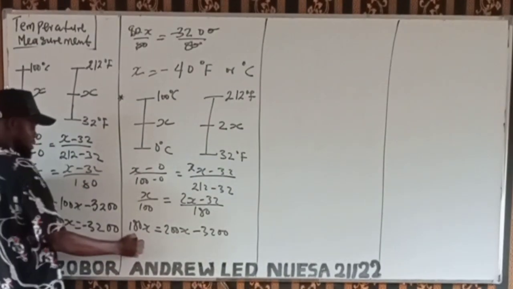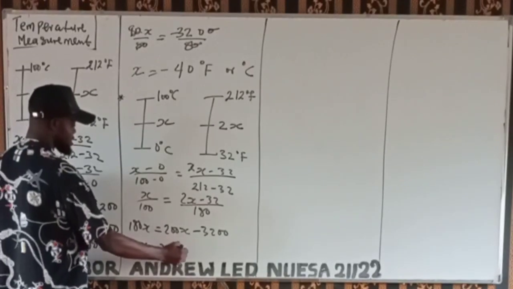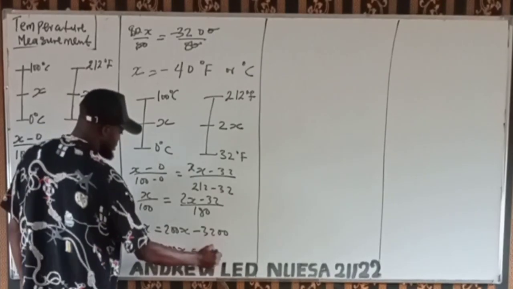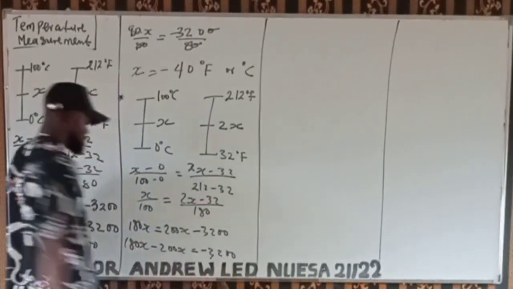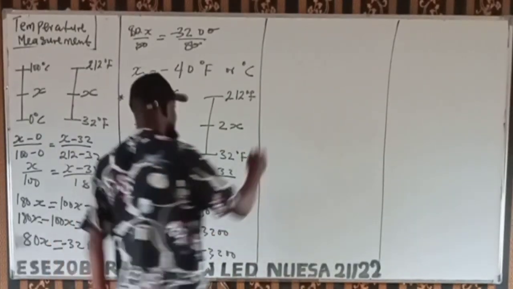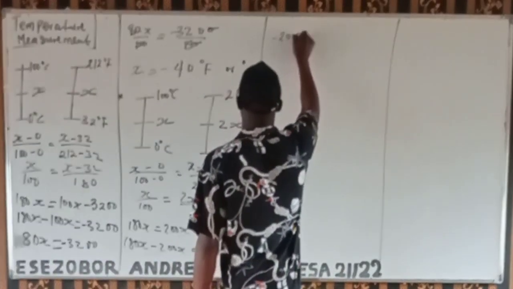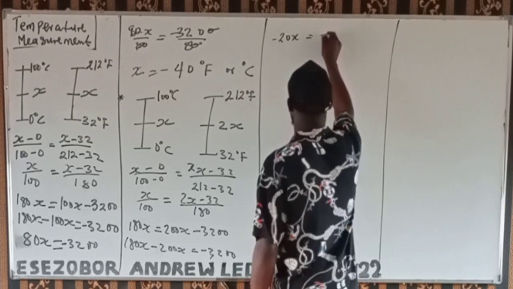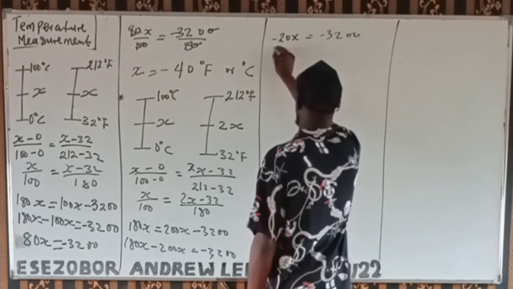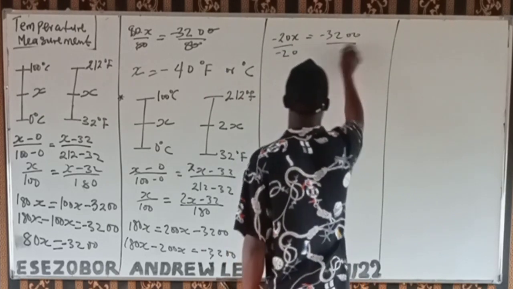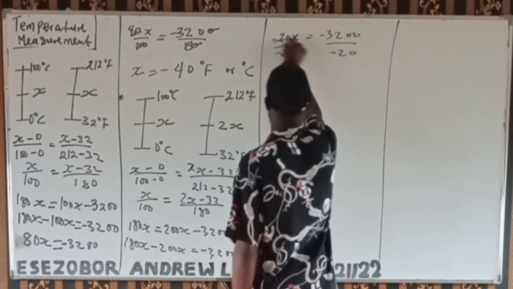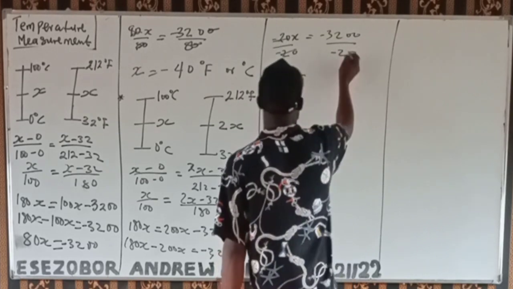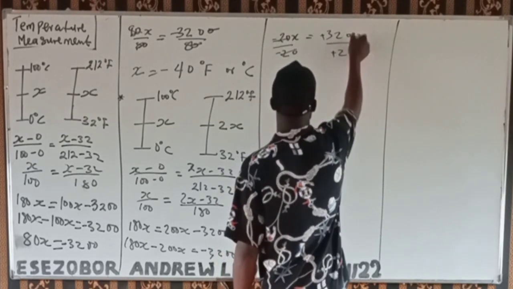Next we have 180x minus 200x equals minus 3200, so minus 20x equals minus 3200. So divide by minus 20, cancel this and this.